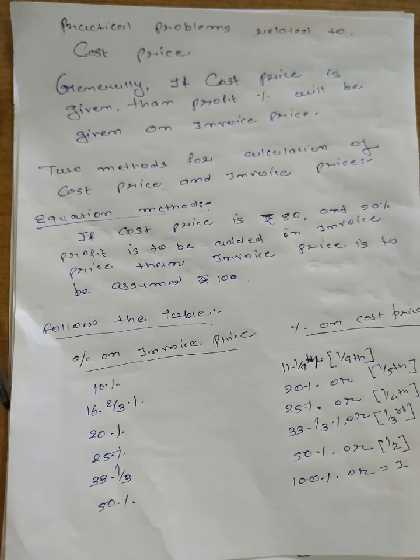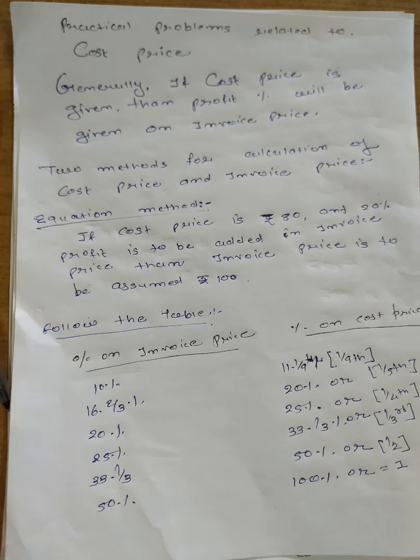Whatever the percentage is given, make those percentages in fraction form. Now 10%, you can read on the screen, there is a 10% on invoice price. So 10% is equal to 10 upon 100, and if we simplify 10 upon 100, it will be 1 upon 10.